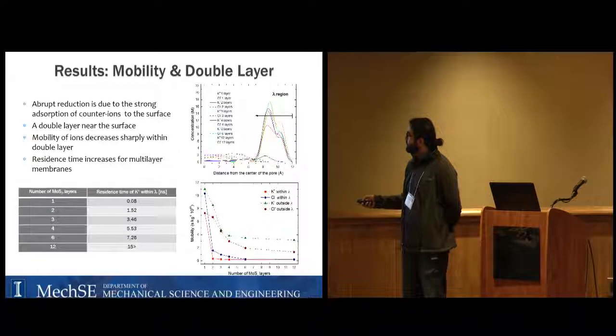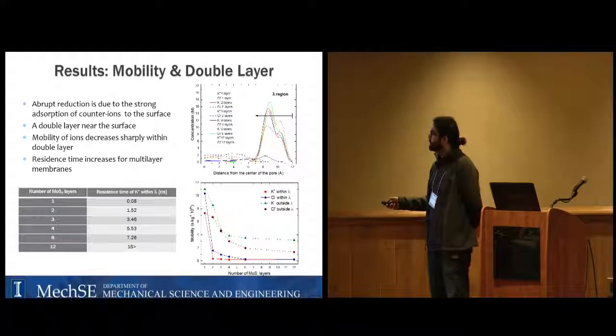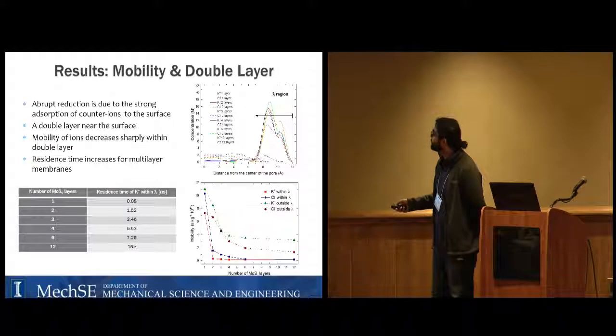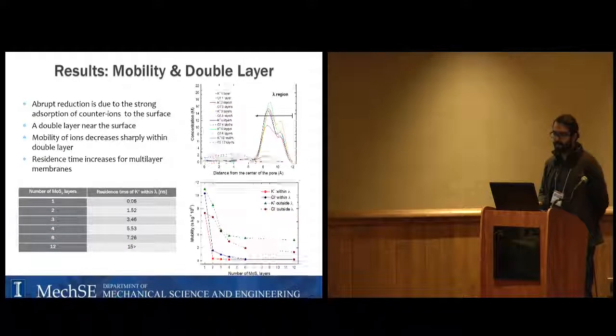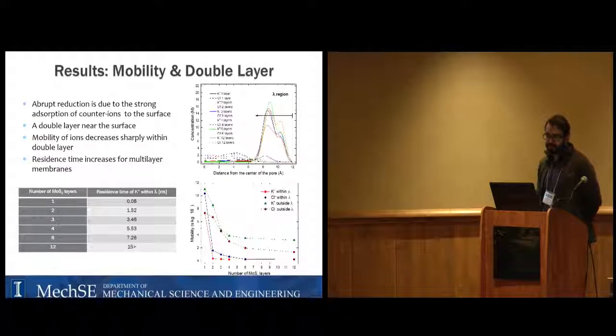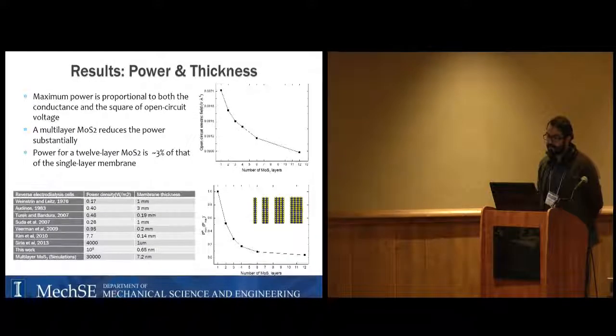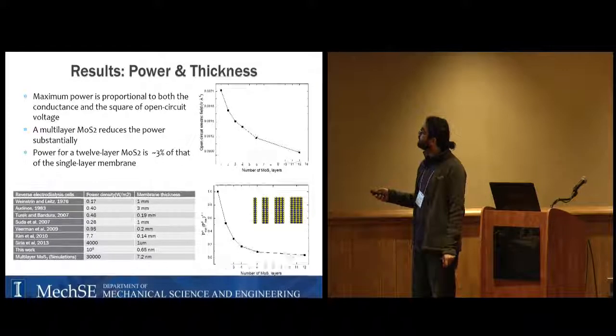With a 1 layer molybdenum, that time is 0.08 nanosecond, but just adding 11 more layers, it's more than 15 nanoseconds. That is the advantage of a 2D material, a single layer MoS2, over larger systems. So it's a very unique membrane.